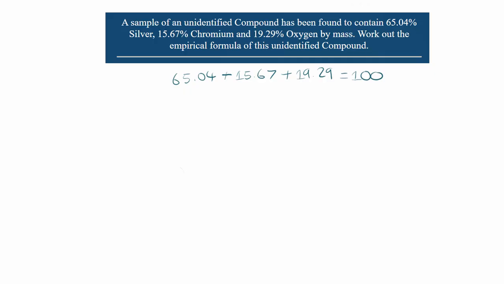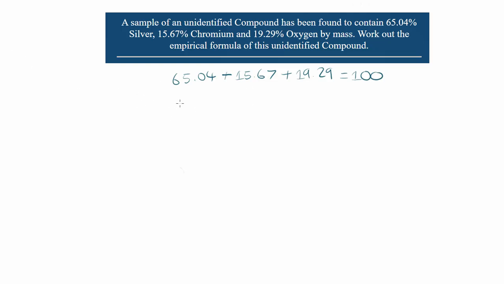We're going to assume that our sample is a 100 gram sample, and based on that assumption, we're going to convert all of these figures to masses. For example, 65.04 grams, etc. That's going to enable us to take a step towards converting to moles later on. So let's go ahead with that process.